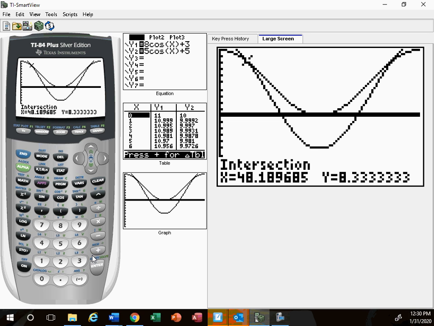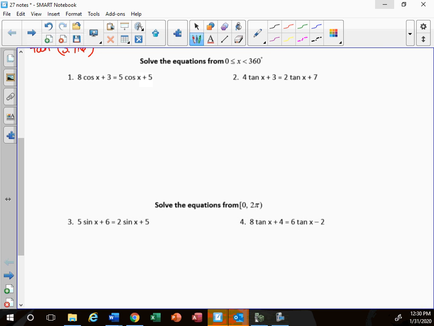Anybody having trouble with this intersection stuff? Write them both down. 48.190, and the other one was 311.810.